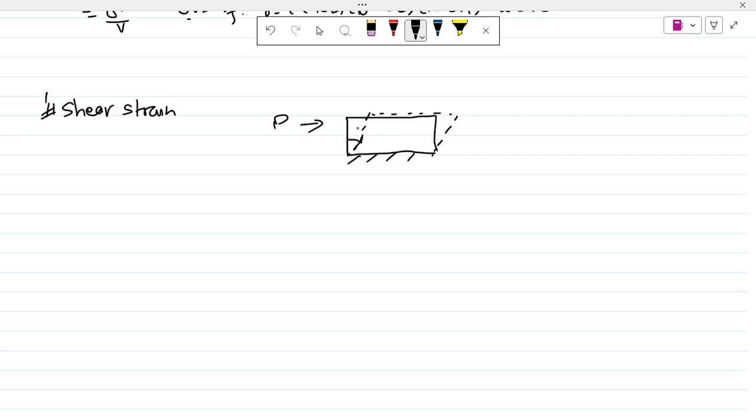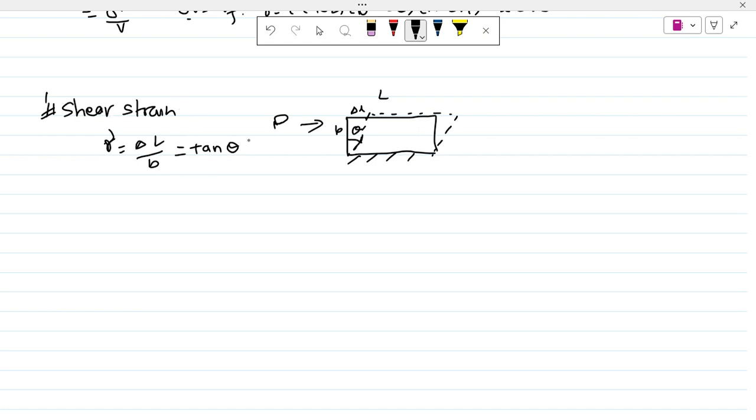So delta is the change in length, this is B, the original length will be L. So shear strain can be quantified as this sign, gamma. This is change in length per unit height. In terms of geometry, this is tan theta. This is how shear strain is developed.